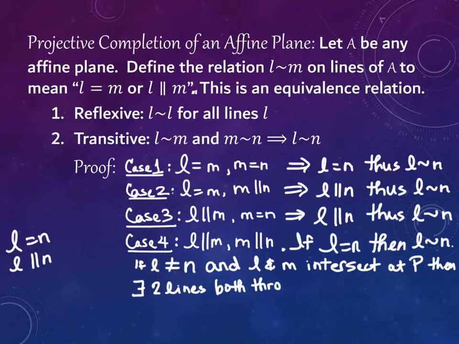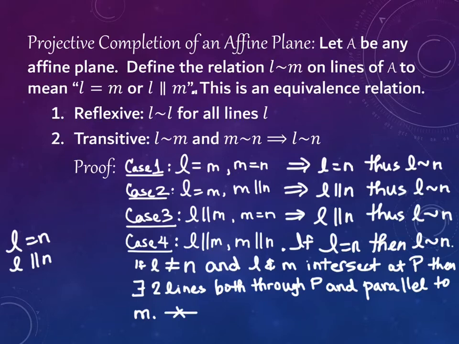L and N have P in common, both through P and both parallel to M. And what's wrong with that? Yeah, I can only have one, right? This is my problem. So this is a contradiction.